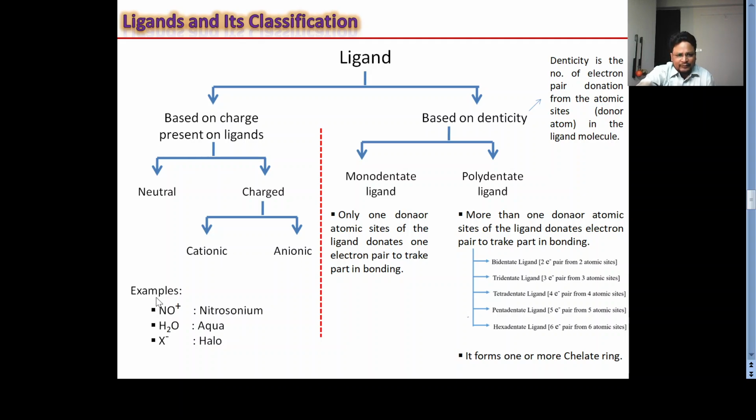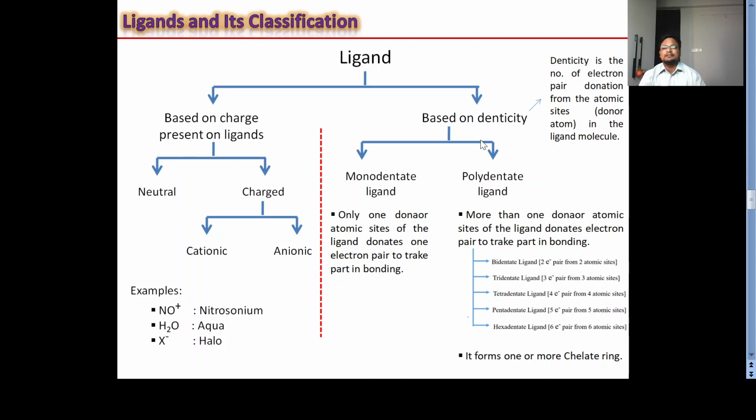From the examples we can see that NO+, the nitrosonium ligand, is a cationic ligand. H2O, the aqua ligand, is neutral in nature, and halide and halo ligands are anionic in nature.